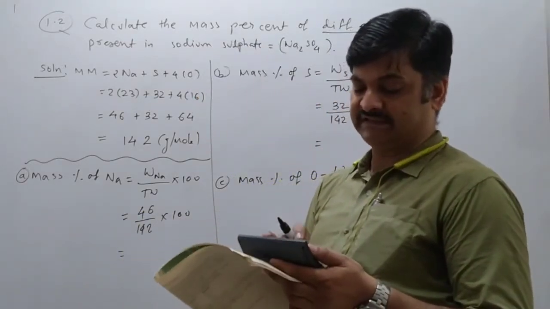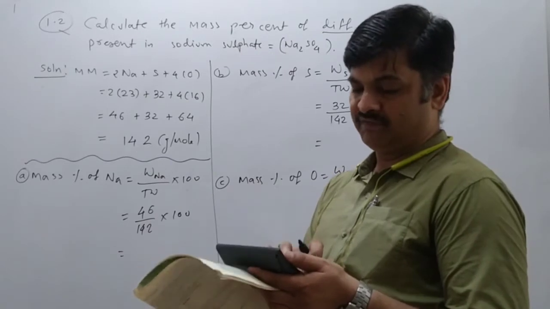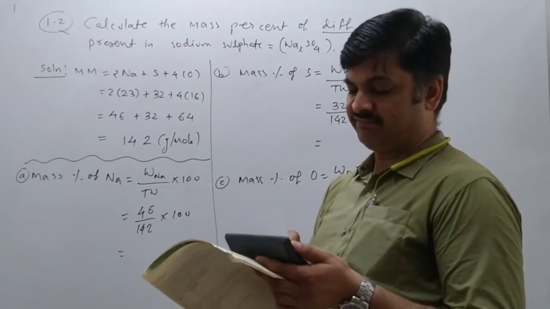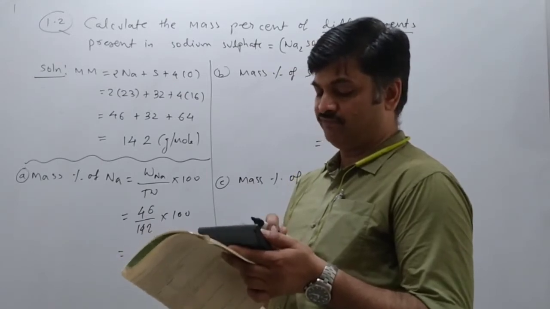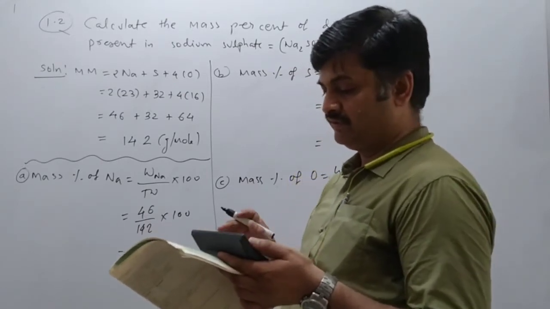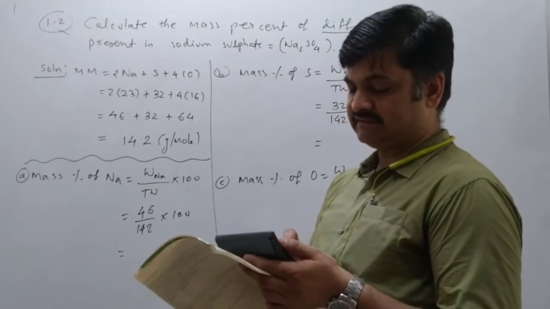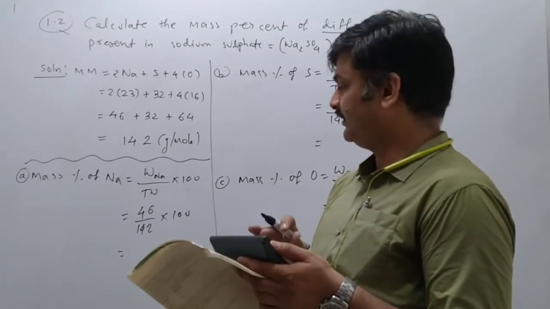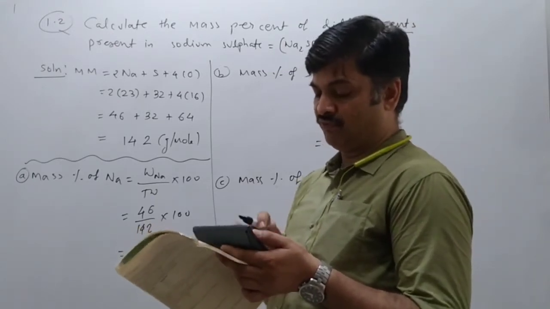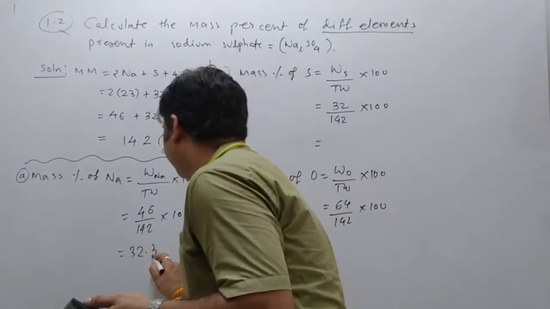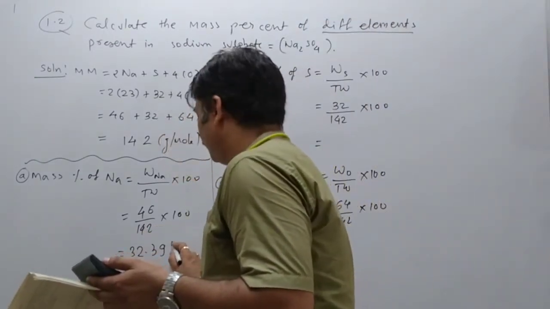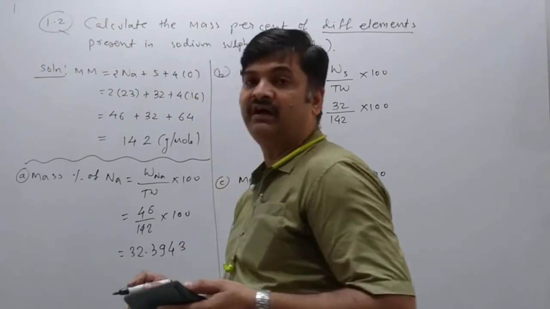Here 46 into 100, 4600 divided by 142 gives 32.3943.